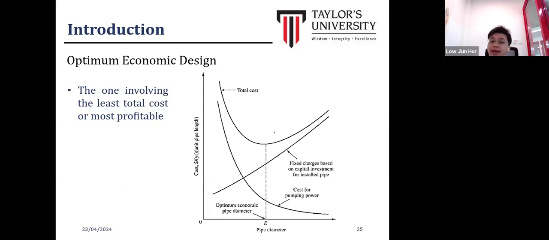Besides that, as I told you just now, you also need to reduce the cost needed to construct the chemical plant. There are a lot of decisions that influence the cost or the money you are going to spend to construct your chemical plant.